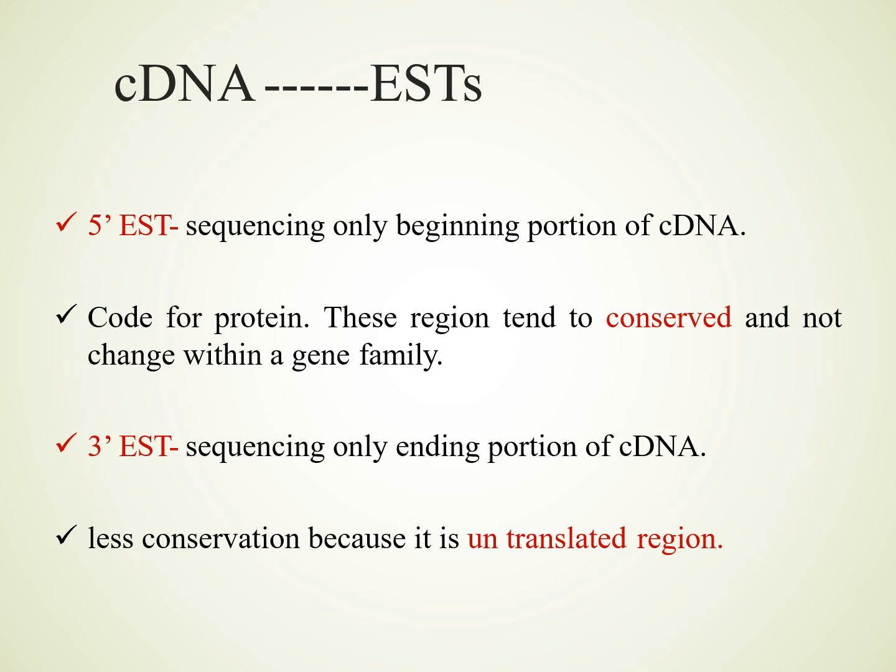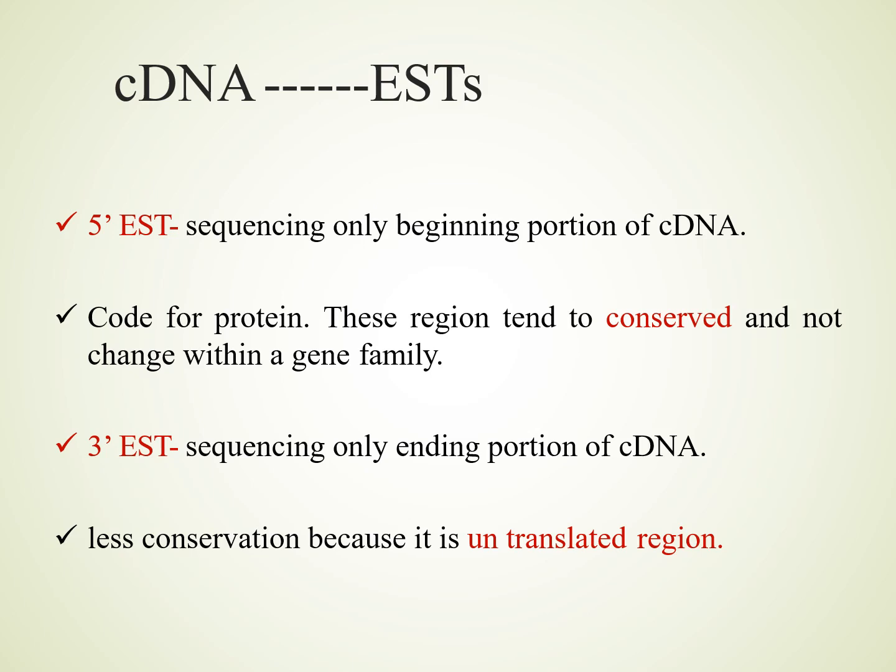Then another type of EST is called a 3' EST. This type of EST can be obtained by sequencing only the ending portion of the cDNA, that is the 3' region of the cDNA. Now these 3' ESTs are likely to fall within non-coding or untranslated regions. You remember those untranslated regions are also called UTRs. So 3' ESTs tend to exhibit less cross-species conservation than coding sequences.